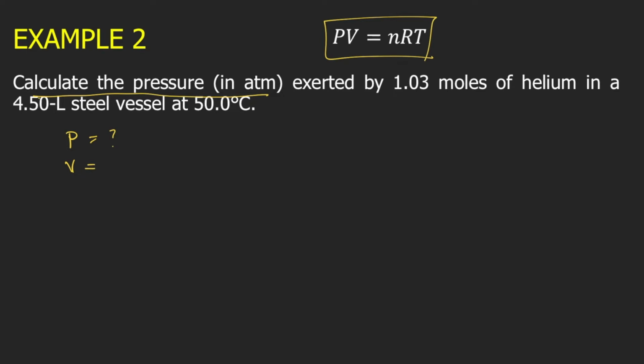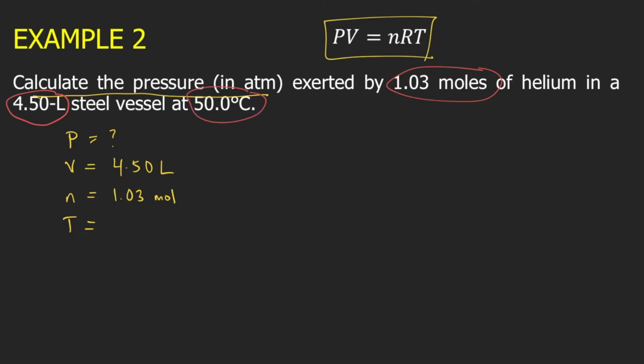The volume is 4.50 liters. N is the number of moles, which is 1.03 moles. T is the temperature, which is 50 degrees Celsius.